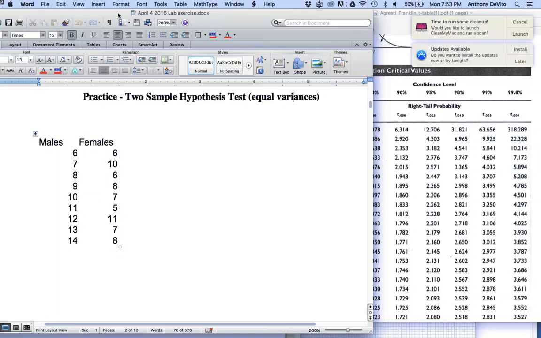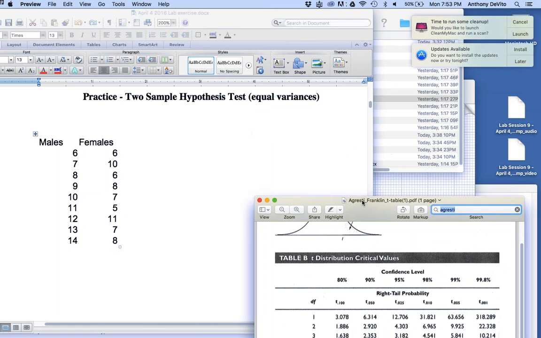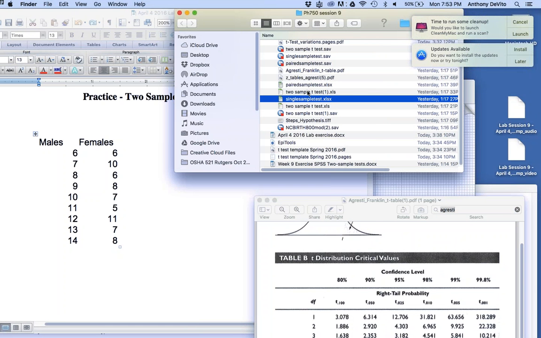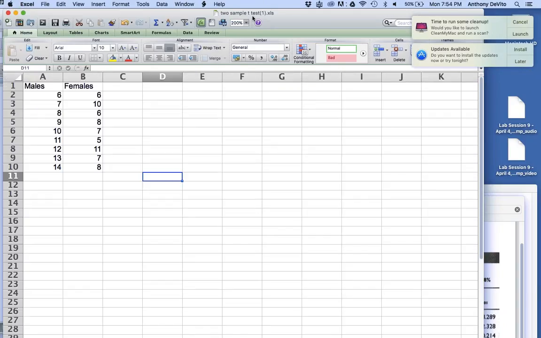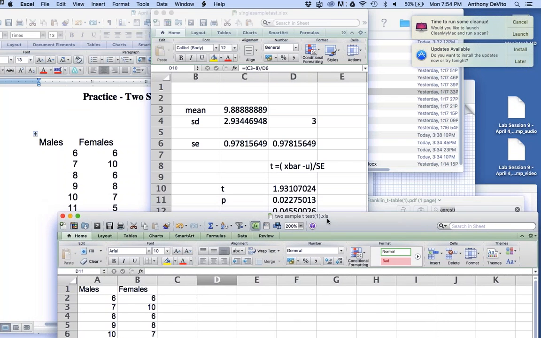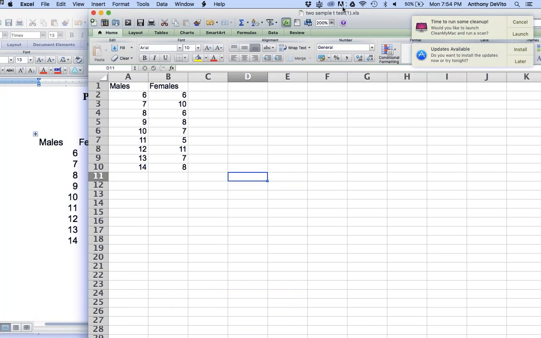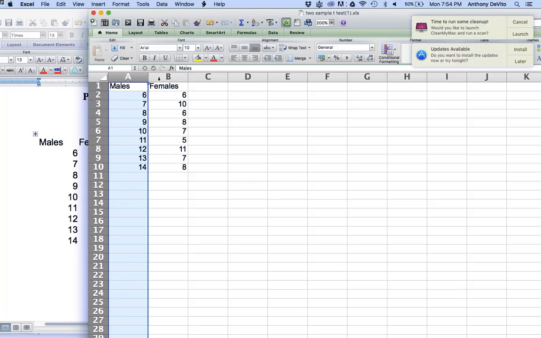Well, how am I going to analyze this? For the moment, let me see if I have this two sample t-test in Excel. Okay, let me blow this up. Okay, I think I got the same problem here. So, no, I got it right. These are my males, these are my females.